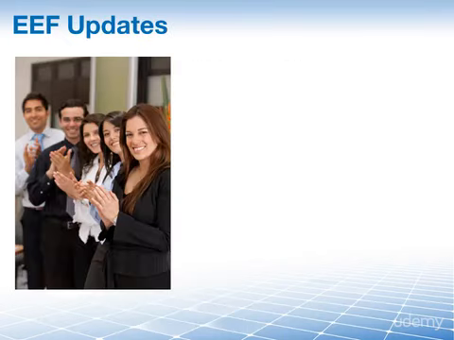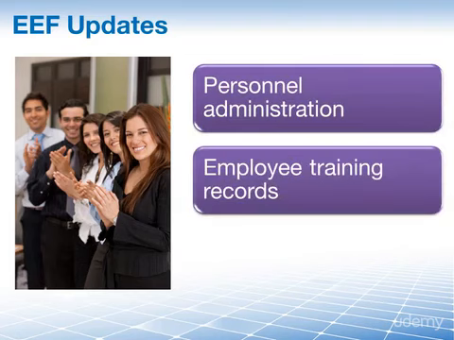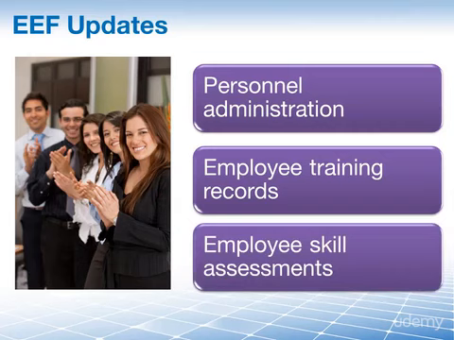Develop project team also often includes updates to certain enterprise environmental factors, and I'd like to especially call out personnel administration, employee training records, and of course employee skill assessments. Think about everything that we've talked about in this lesson so far. We're sending people to training, we're coaching them, we're guiding them, we're mentoring them. They're bound to get better, they're bound to improve their skills.